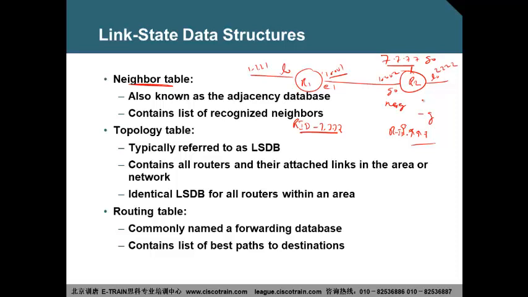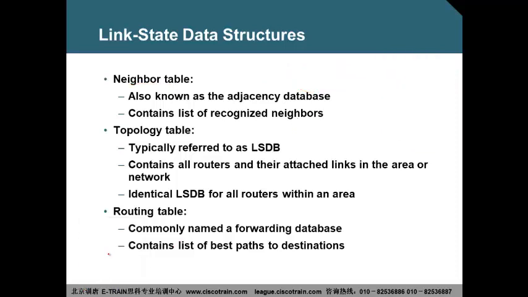So that's the neighbor table. The neighbor table will have the list of established neighbors, and the neighbors are identified with the router IDs. The topology table, as we already spoke, has a collection of LSAs and LSUs.